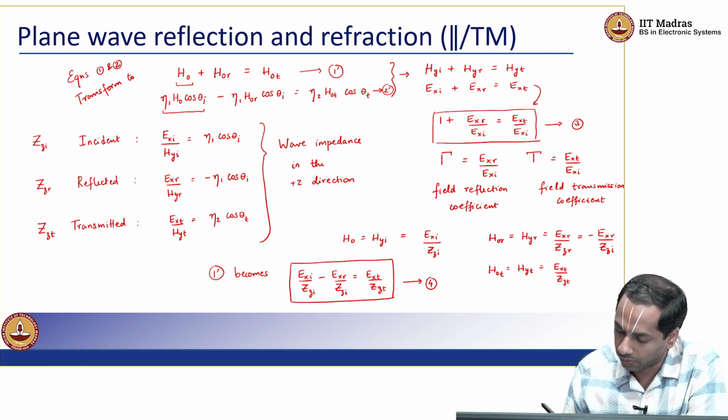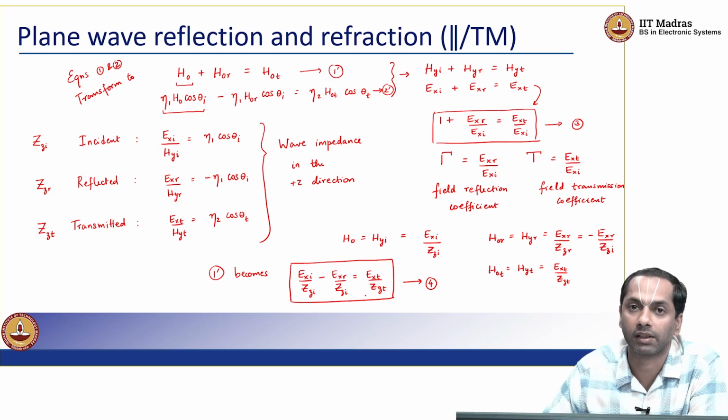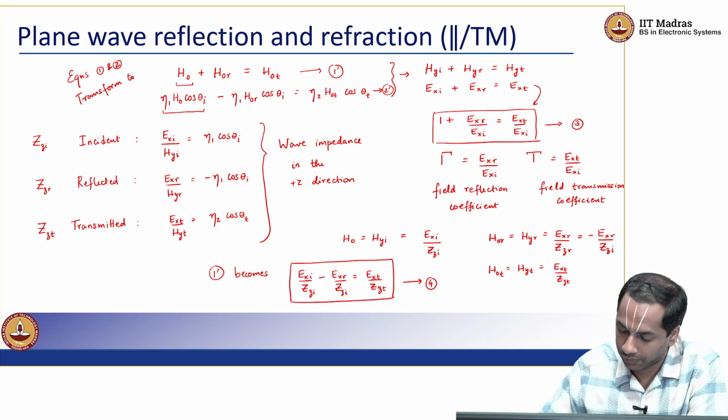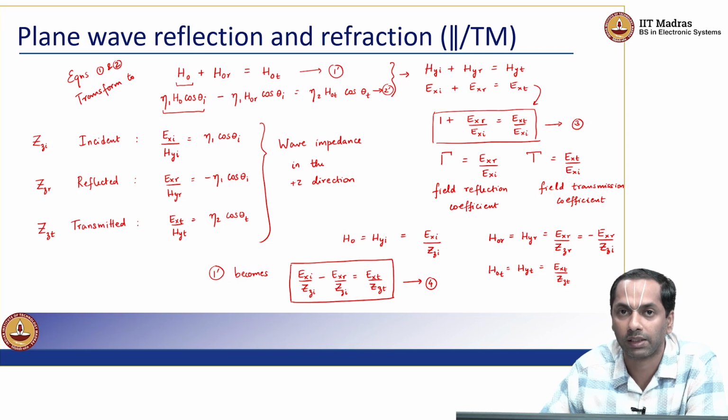Similarly, 4 also we can divide by Exi. In fact, we can multiply by Zzi divided by Exi.